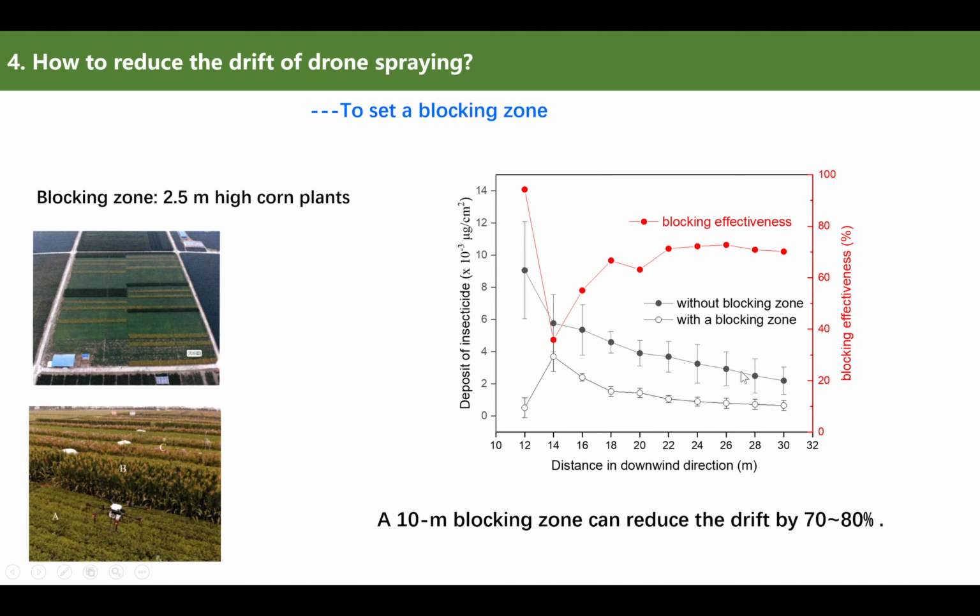In this graph, the two black curves show the deposit of droplets with the blocking zone and without the blocking zone. And the red curve is the blocking effectiveness. You can see from this graph, a 10-meter blocking zone can reduce the drift by 70 to 80%.